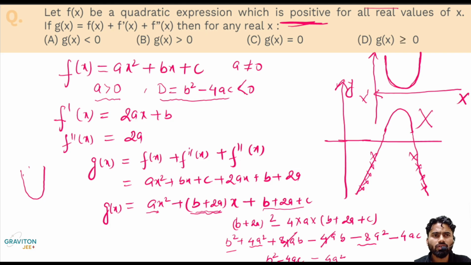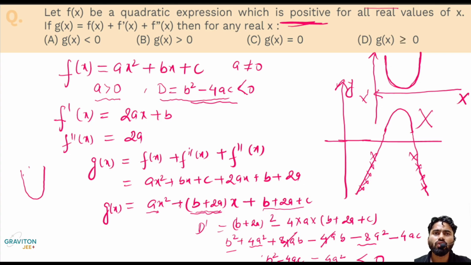And what do you know about this expression? This expression is b square minus 4ac, which is negative. And this is a perfect square. So this negative makes this expression negative and this expression is always negative. So the entire term will be negative. So from here you will get discriminant for the function g(x) negative.